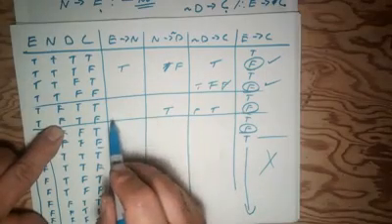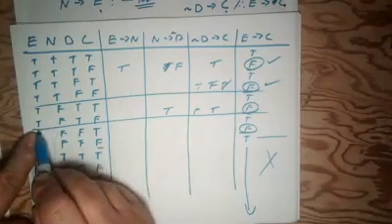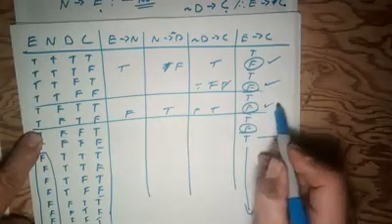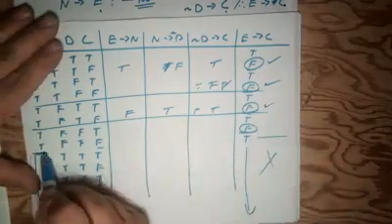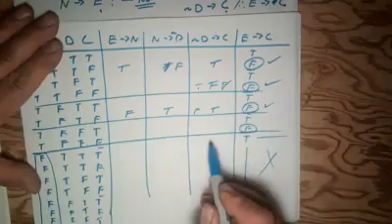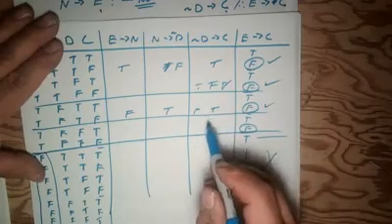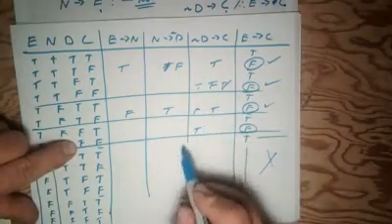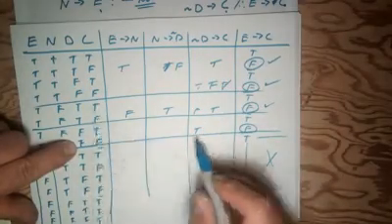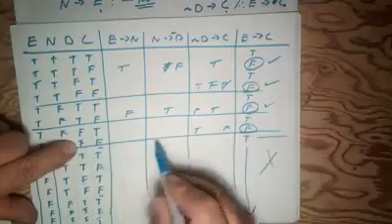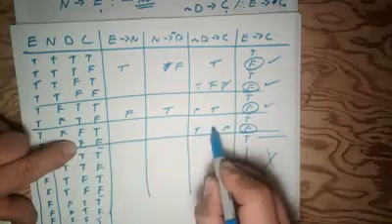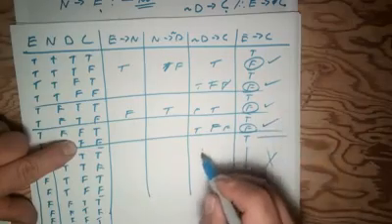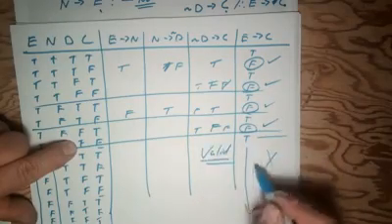And then on this row, E, then N. True, then false is false. Row 8, the last one that matters. D is false, so not D is true. C is false. So true, then false is false. So that's a valid argument.